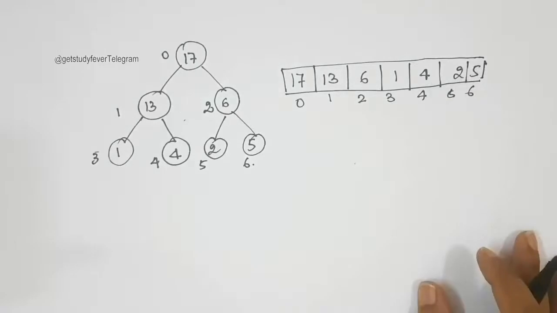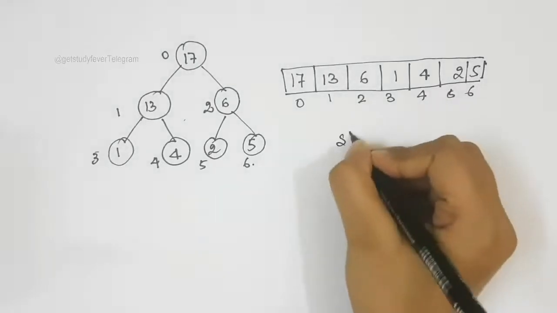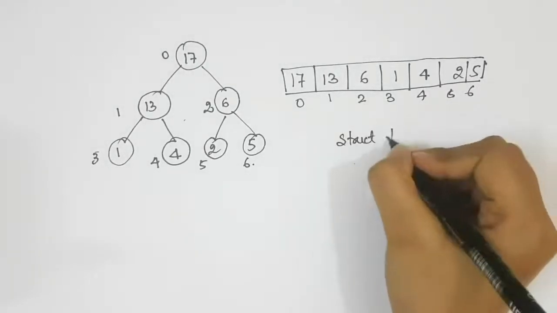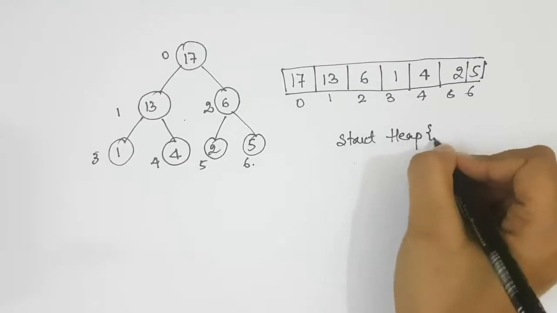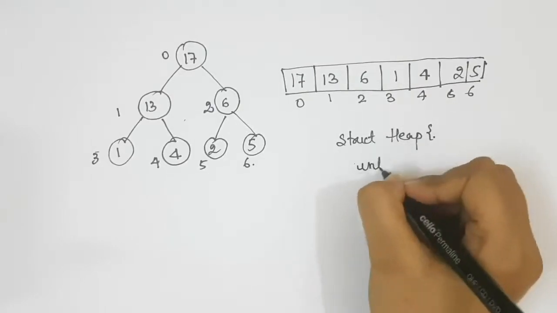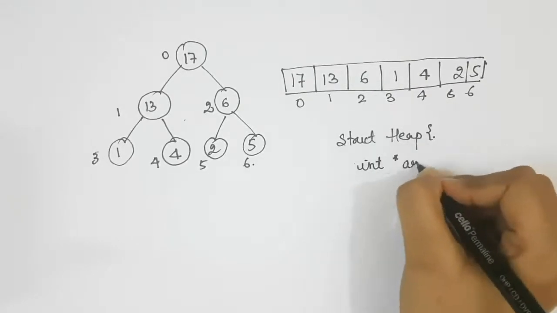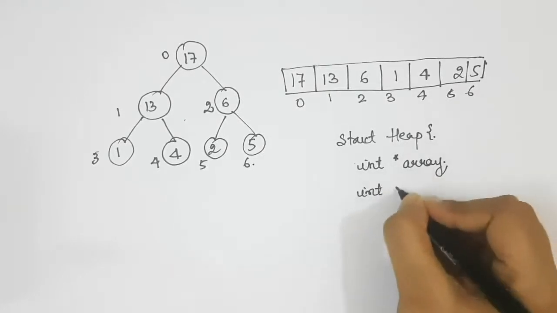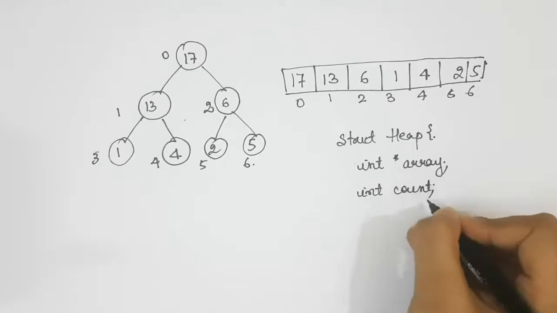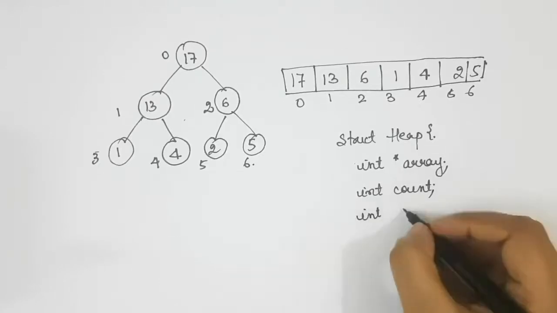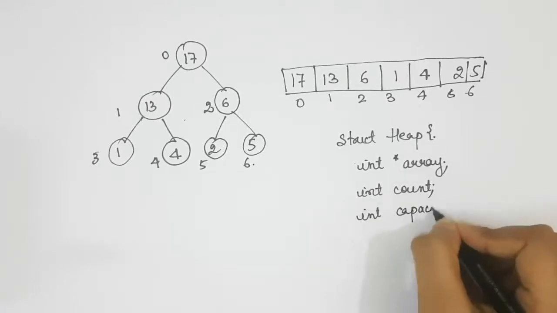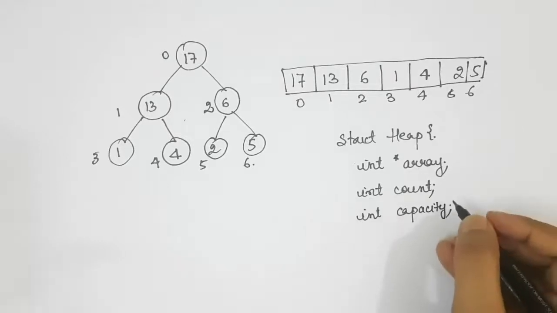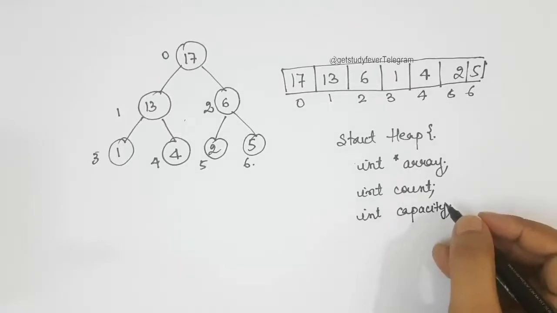So what will be my structure for this? I will have an array. I will have the count, which is the number of elements that we currently have in the heap. We have capacity, which is the maximum number of elements that a heap can accommodate.